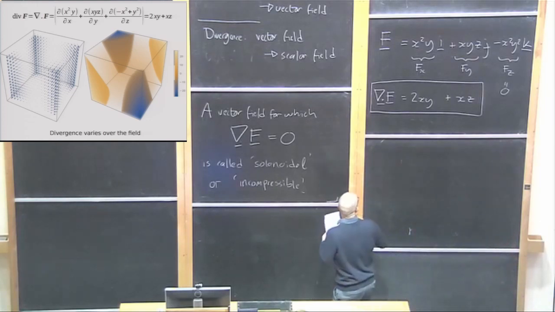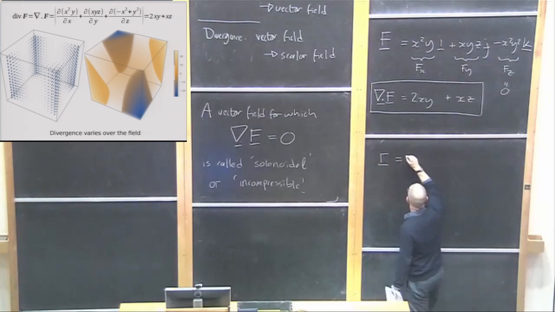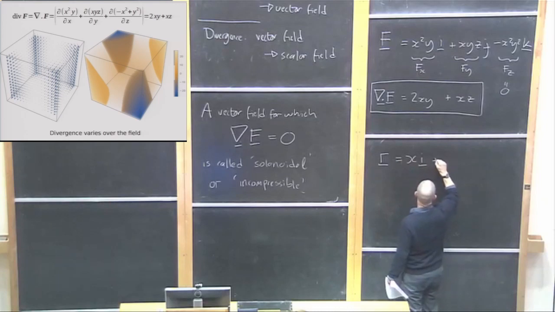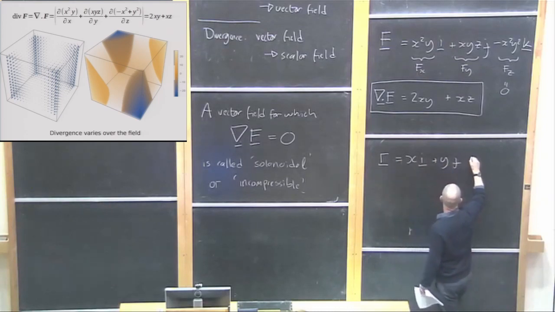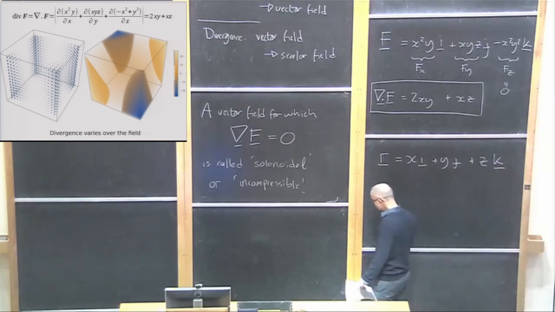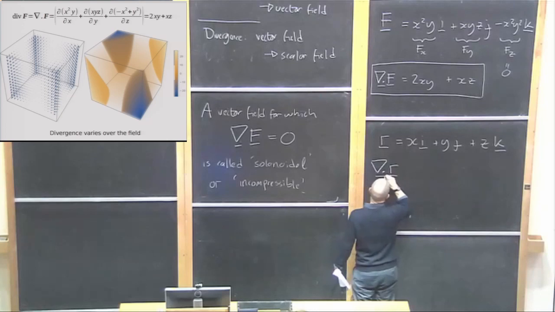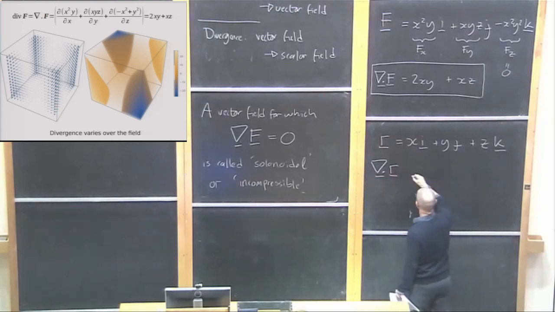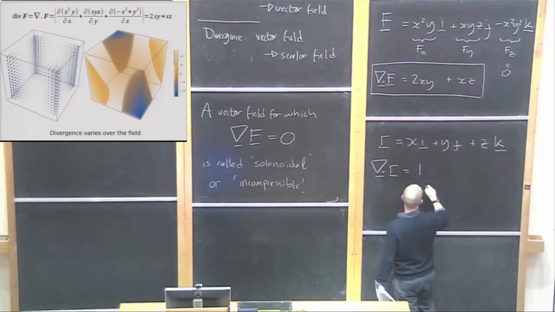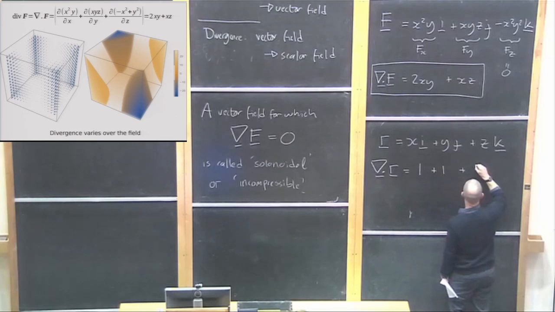What about the divergence of the position vector? The position vector r is just x i plus y j plus z k. So the divergence of the position vector is just, well, d by dx of x is 1, d by dy of y is 1, and d by dz of z is 1.